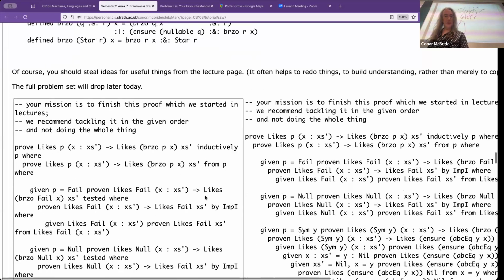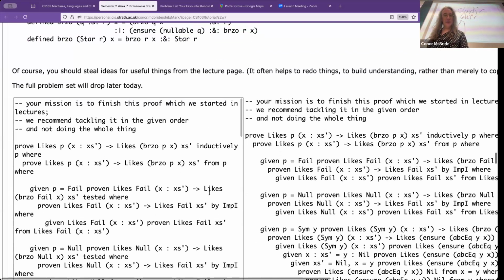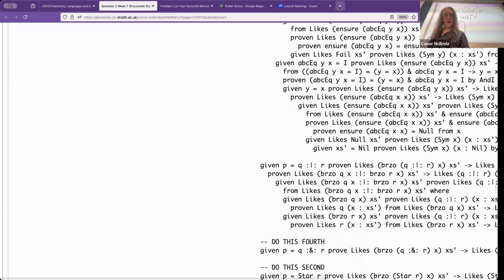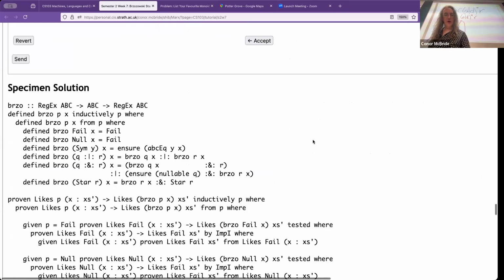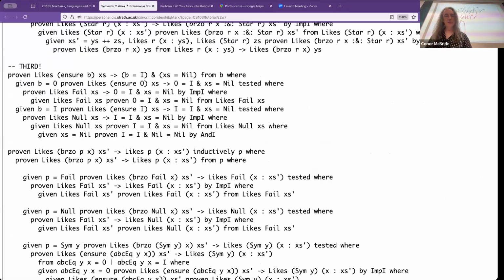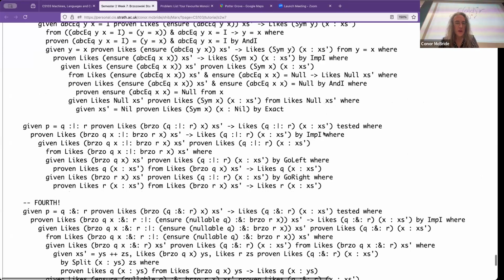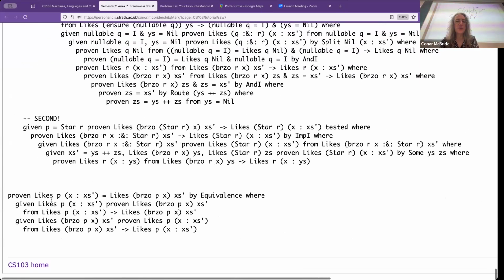Again, down here, specimen solution, knocking around. What we are trying to prove is this. That's what's coming out.